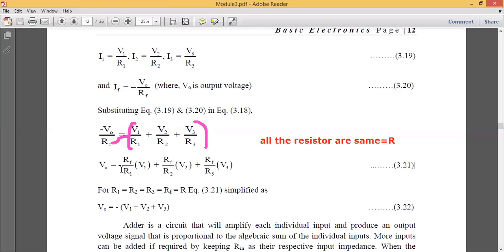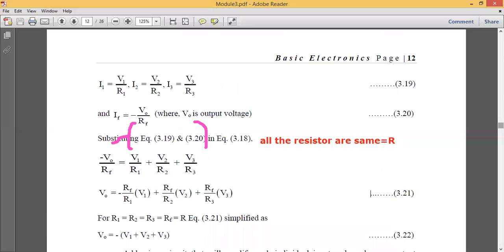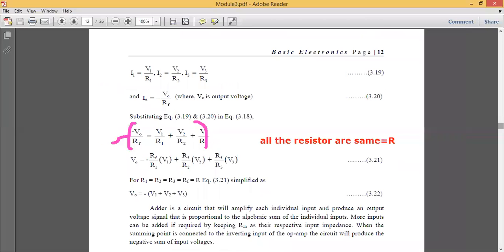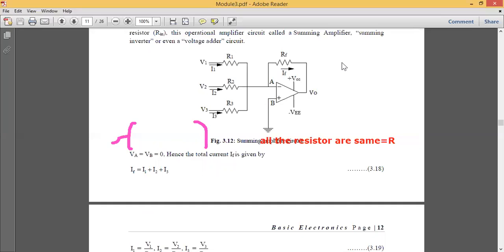Just take this minus sign common. So therefore the output voltage V0 is equal to V1 plus V2 plus V3, with a minus sign. Once you measure your voltage at the output terminal of the op amp, you will find only the sum of voltages at the output terminal. So that is nothing but V out.